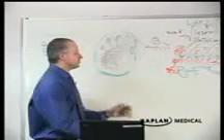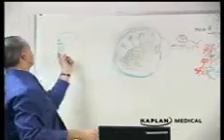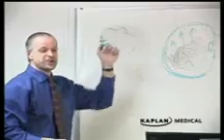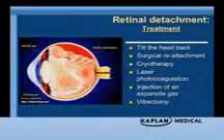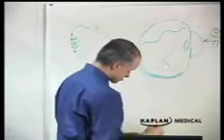And that's how you get the retina pushed back. Expansile gas, laser attachment, cryotherapy, surgical reattachment. Now, sometimes, no matter what you do, it's like in relationships. No matter what you do, you just can't seem to make it fit right.